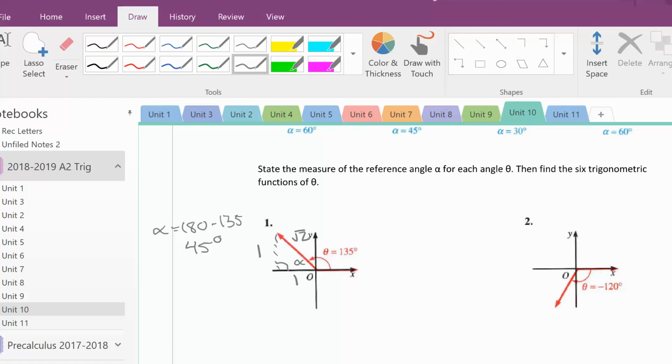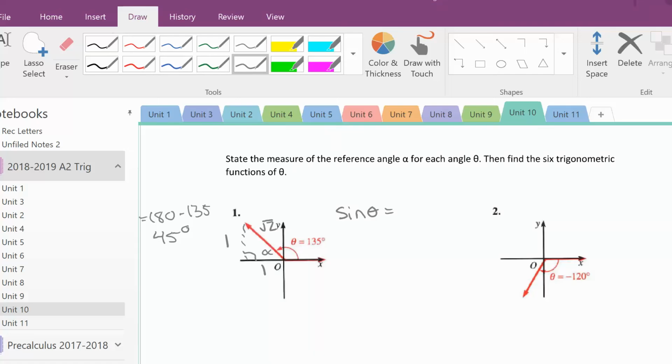So that means the sine of theta, remember in this case, sine of theta is always opposite over hypotenuse. Now in this case, if we look at being in the second quadrant, notice the x-axis here is negative, so that's going to be a -1.